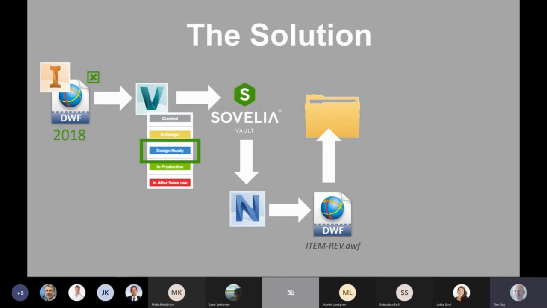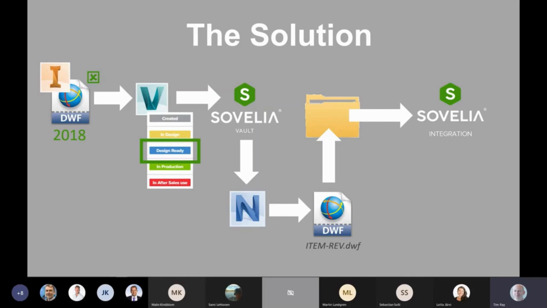The way that we do that is through a new tool. Lots of you have already made inquiries about this, and we're starting to implement it with lots of our customers. The tool is called Sovelia Integration. Sovelia Integration is a service that sits on the same server as the PLM server, and it's going to watch and monitor the folder.